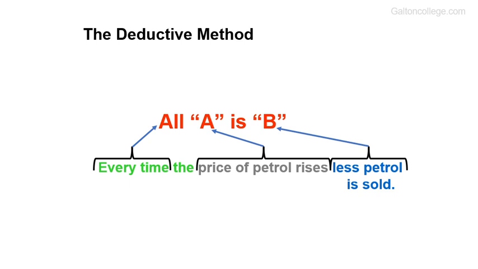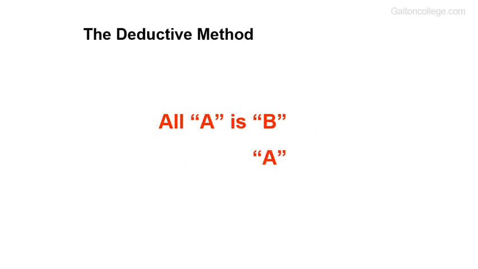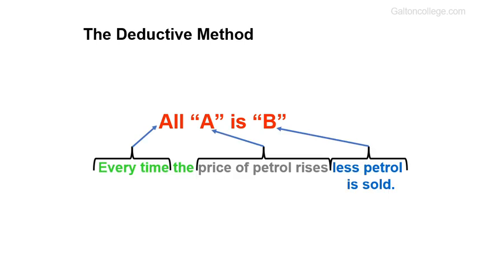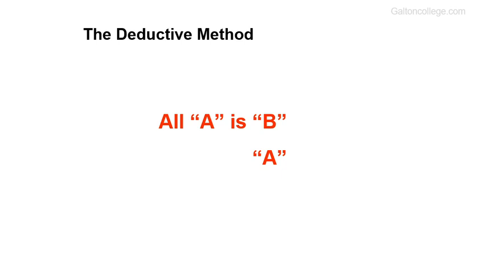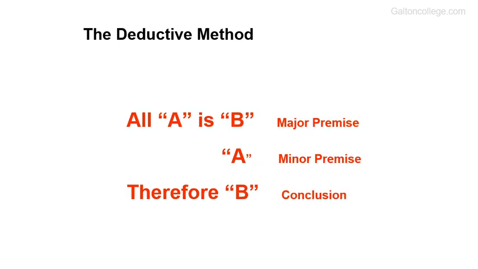We've got all A is B. Now we're given A, the price of petrol has risen. Remember, A is the price of petrol rises. Therefore B. Therefore, less petrol will be sold. So our conclusion is B.